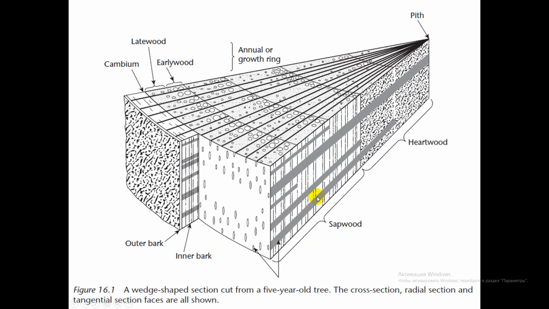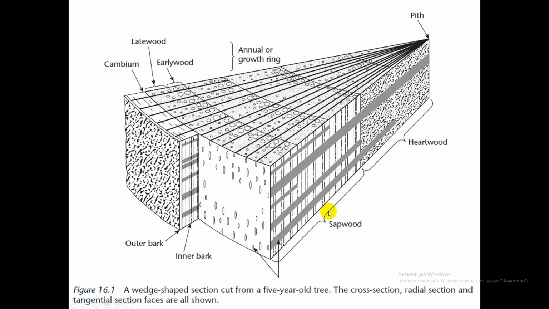A wedge-shaped section cut from a 5-year-old tree. So this is the cambium layer. This is the late wood. This is the early wood. This is an annual or growth ring.